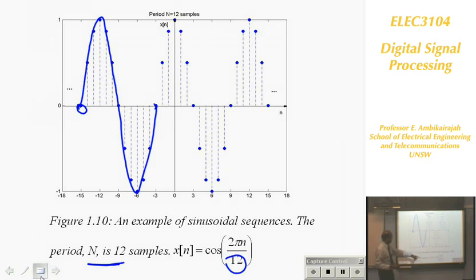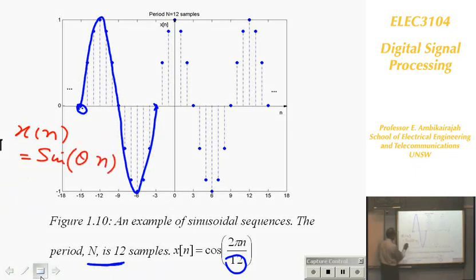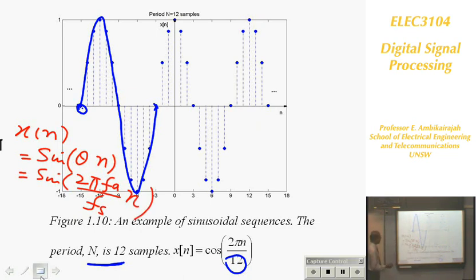So you could write the equation like that as well, right? Just to summarize, you can write x[n] is equal to sine theta n, sine 2 pi Fa over Fs n.